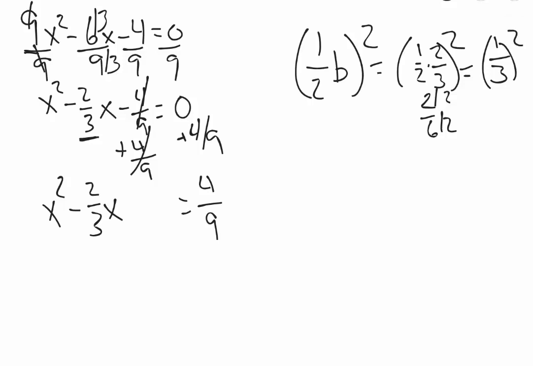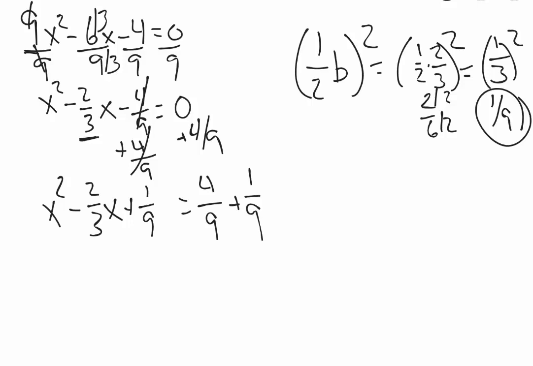If we take 1/3 times 1/3, that does give us 1/9. Okay, so 1/9, by using this little formula, is the magic number that we are going to add to both sides of our equation. To keep your equation balanced, you need to add it to the left and to the right side.